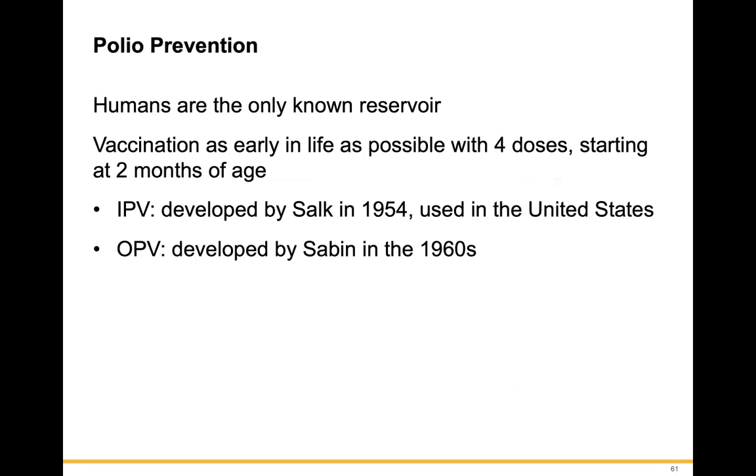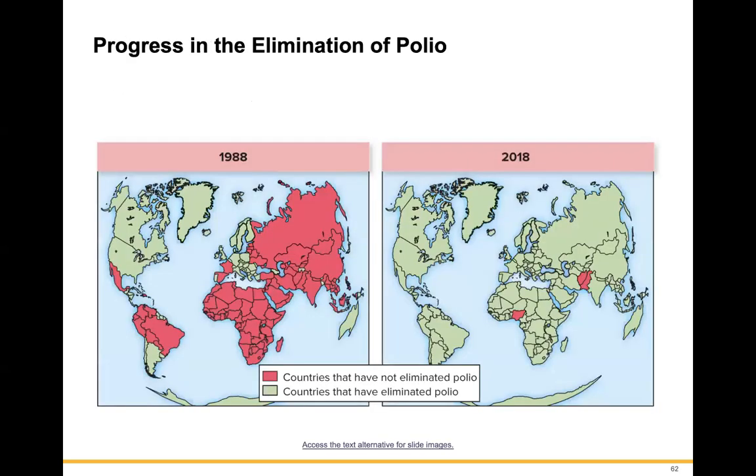Humans are the only known reservoir for polio. Vaccination is very early in life with 4 doses starting at 2 months of age. Like I said, due to the vaccination, we have seen significant decreases in polio in the United States and even worldwide. Here you can look at a map looking at 1988 versus 2018.